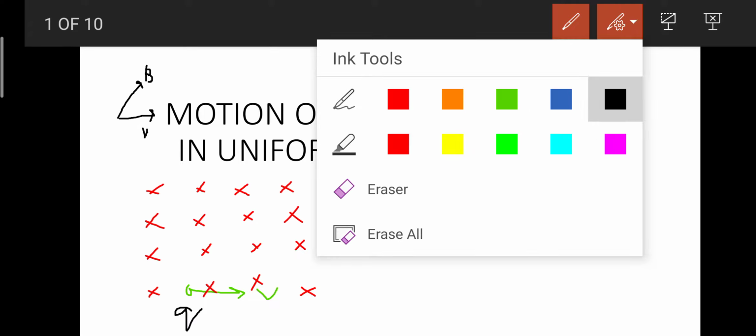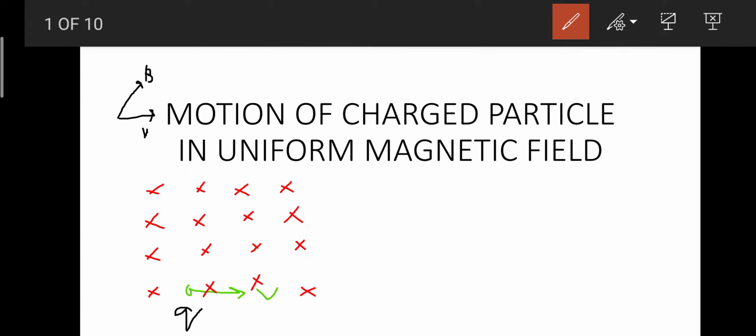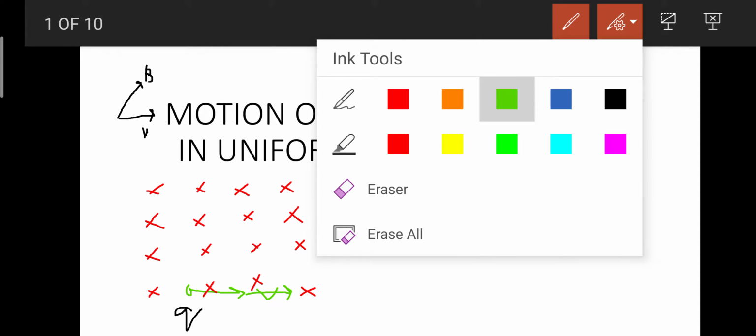Now the question arises, why does it happen? Why has the linear path of the charged particle been changed? According to what we know, it should go in the forward direction, but it changes its path like this. It now has a curved path.